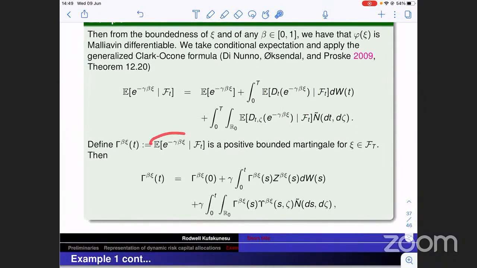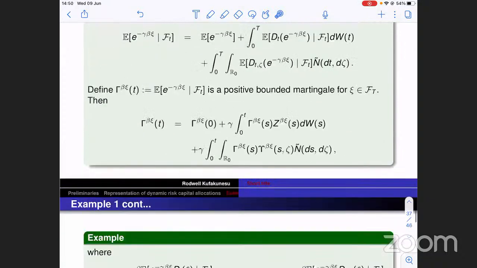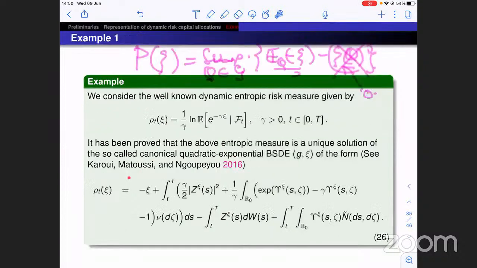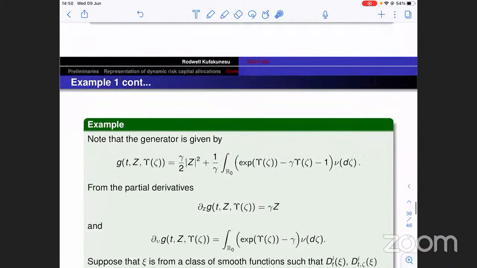We define it by definition so that we can summarize the writing here, where Z can be written like this, and you can see the Malliavin derivative coming up. This is for the diffusion, and this one for the jump. Both are predictable control processes for the entropic measure defined by the backward stochastic differential equation.